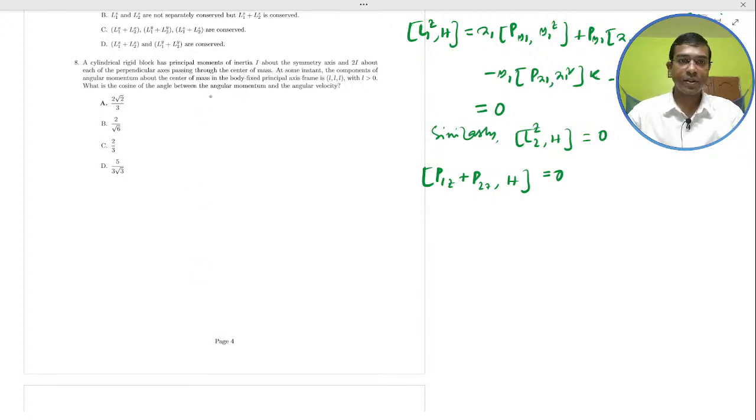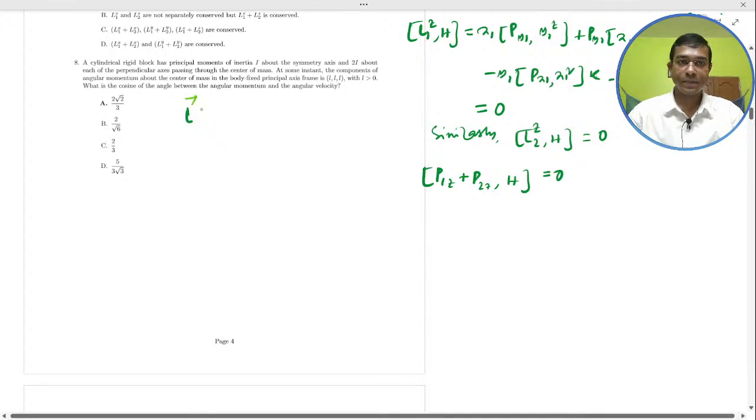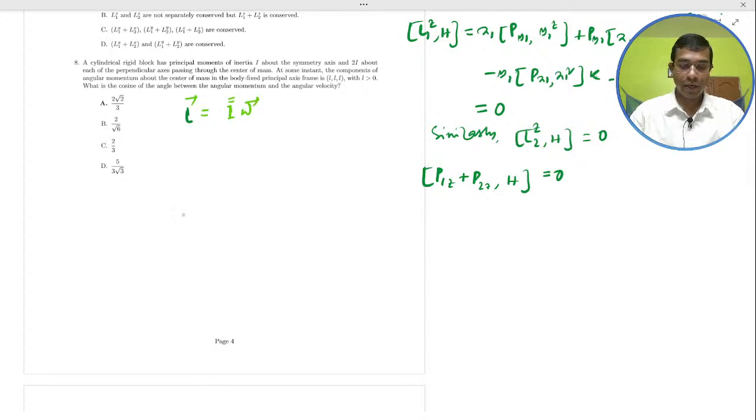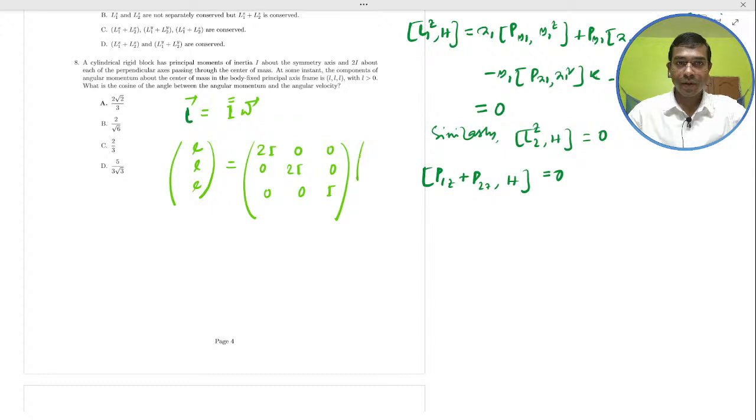So the solution is that L is defined here as I omega, where the components of L in the 3D matrix, this is for 2I, and the off diagonal elements are 0, and omega x, omega y, omega z.